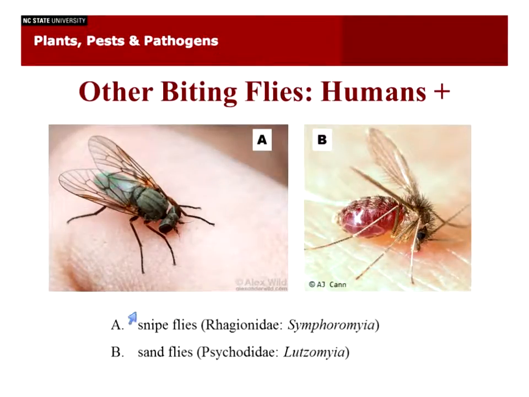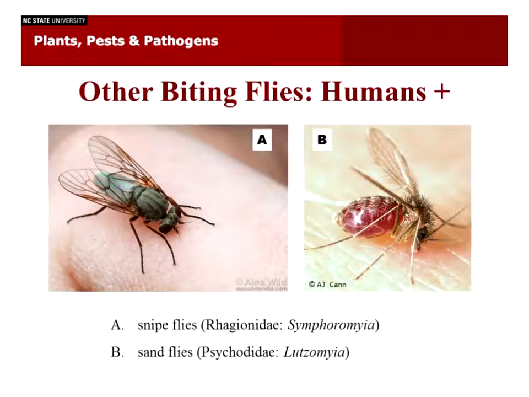Now, just to mention a couple other groups that aren't very common here but do exist, snipe flies in the genus Symphoromyia right here. These are close relatives of horse flies, smaller, grayer. They're more of a problem out west, but we do have species here. They're probably feeding on other things, but they can feed on humans. And then true sandflies, the Psychodidae in the genus Lutzomyia.